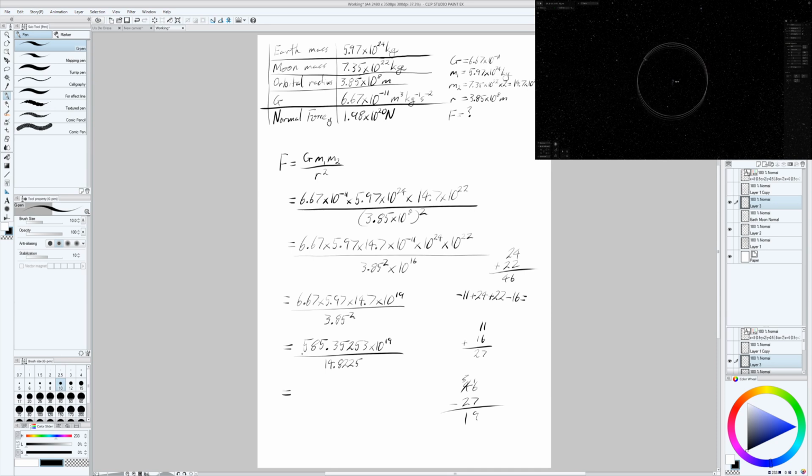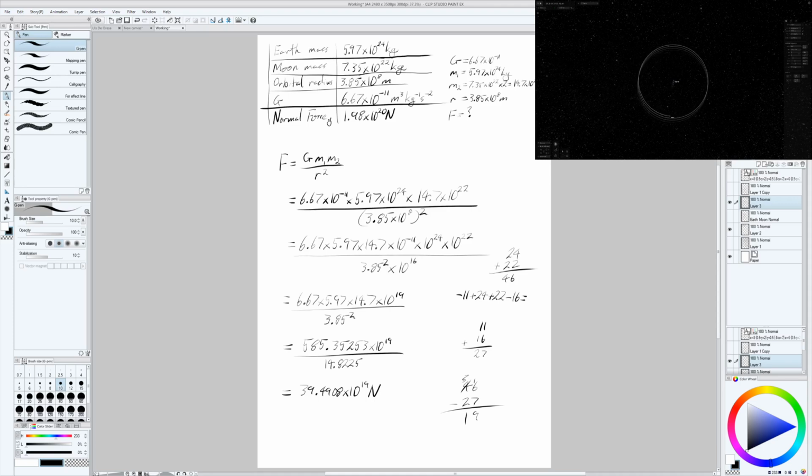And now in the calculator we just take these two numbers, 585.35253 divided by 14.8225, and that ends up being, and this is where we put in an unrounded value, 39.4908 times 10 to the 19 newtons.